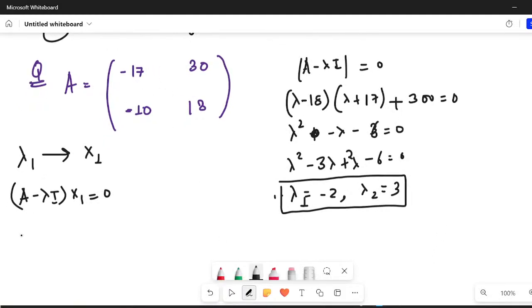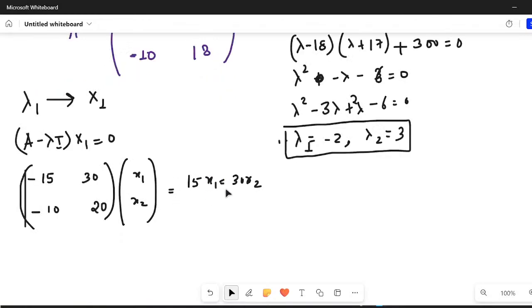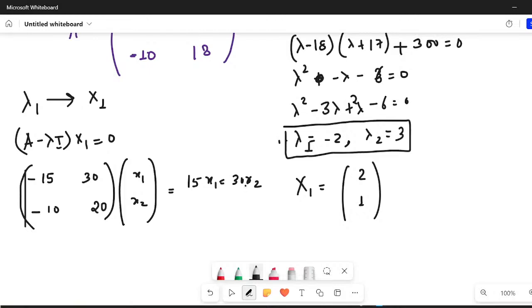This would be minus 15 here, and plus 20 here, here it would be 30, here it would be minus 10, with x1 and x2. So my eigenvector x1 I can write as 2 1, right? So this is 2, this is 1.